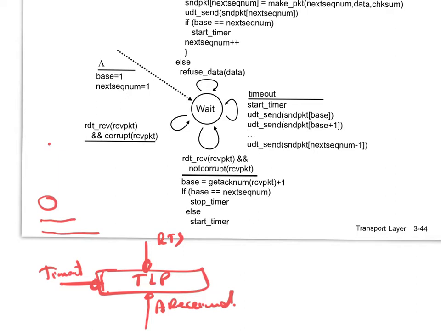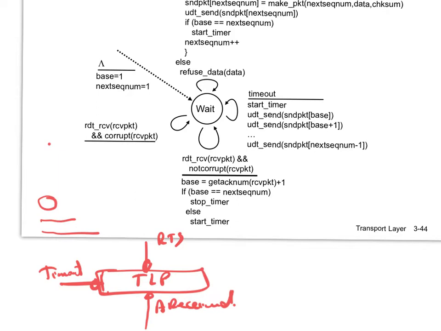The window is becoming empty and clean and nothing is sent yet. So when I stop the timer, when I go here to start sending the first segment, I will start the timer. So I'll stop the timer. So when I come here, I will start the timer clean.